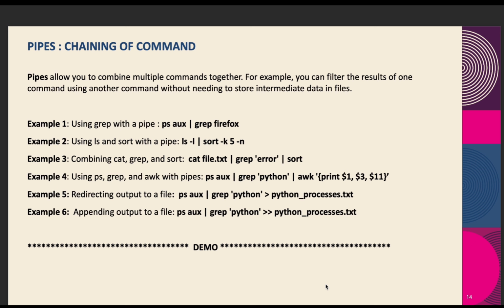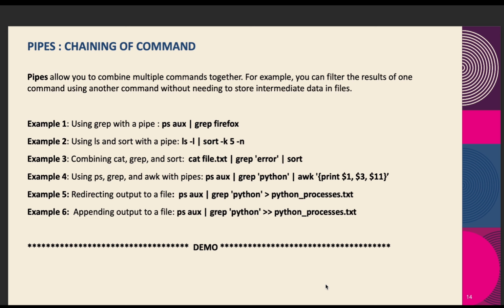And the last one, awk '{print $1, $3, $11}', will print the username, CPU usage, and the command for each matching process. So the chain of commands will show the username, CPU, and the command name of all the Python processes running on the system.